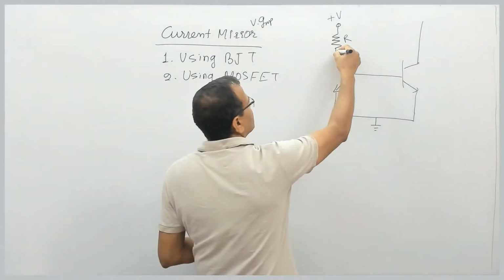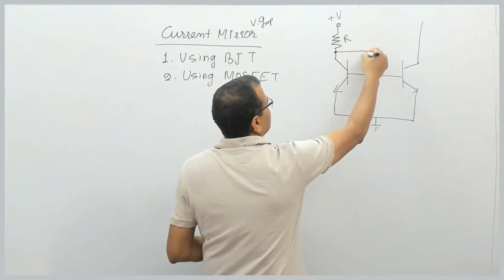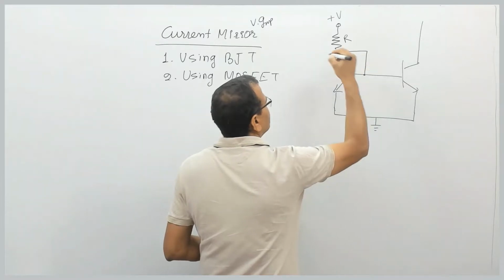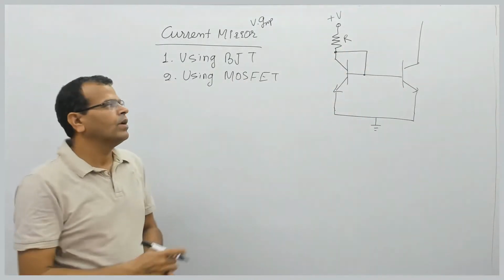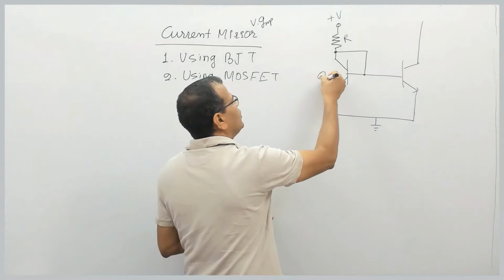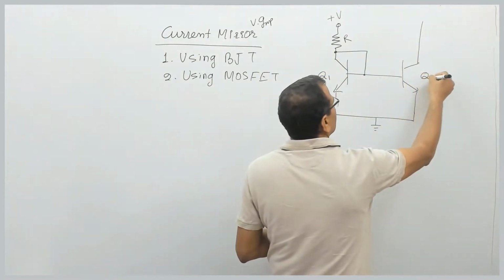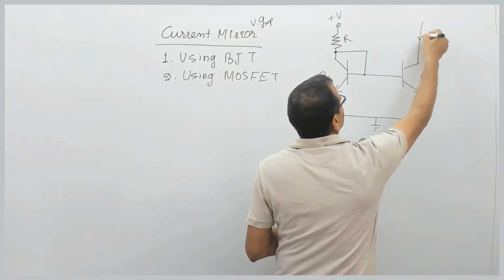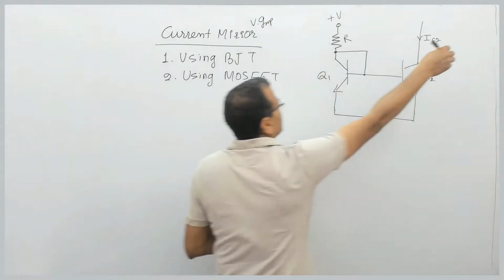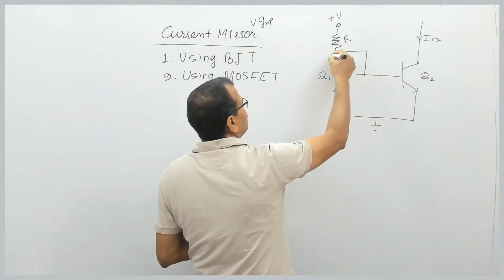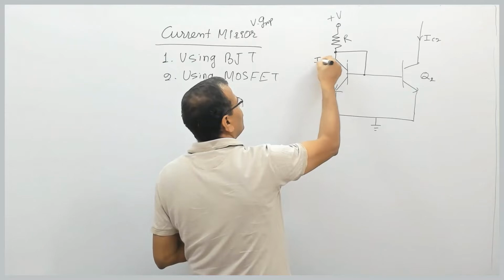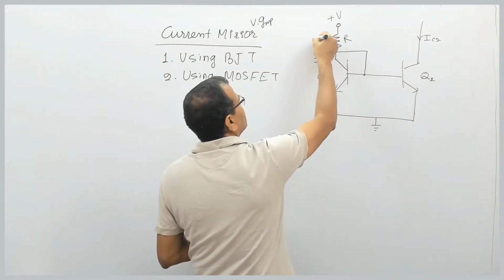And the base is shorted with the collector. This is transistor Q1, this is transistor Q2, and this is the collector current of Q2, that is IC2. This is the collector current of Q1, that is IC1. This is current I.